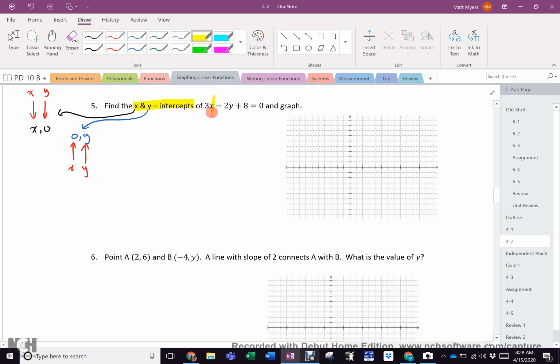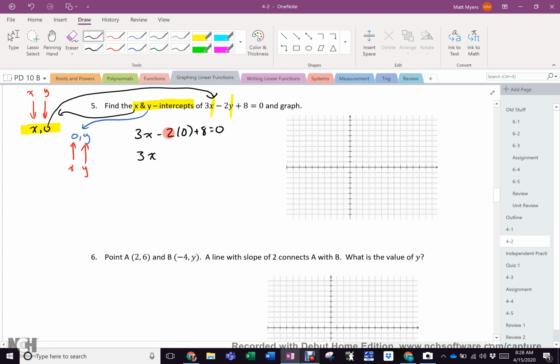What do you see there and there? I see x's and y's. So all we do is we take these numbers and we put them in there. So the x-intercept will be a black dot. X is x. 3x minus 2, y is 0. Plus 8 equals 0. What's 2 times 0?